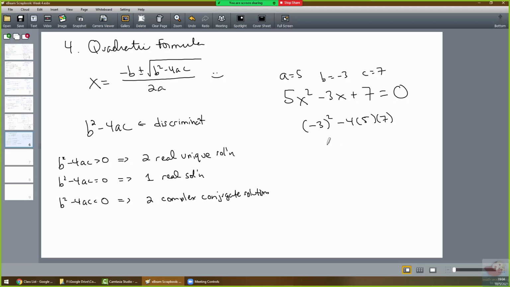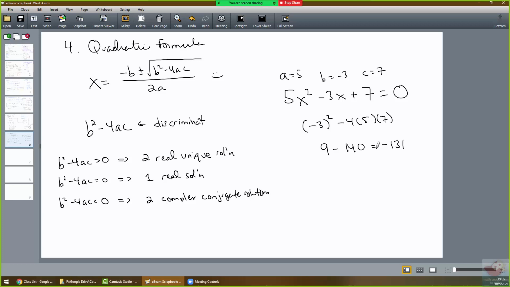I don't know. What is that? 9 minus 140? So this means we should expect two imaginary solutions when we solve that equation.